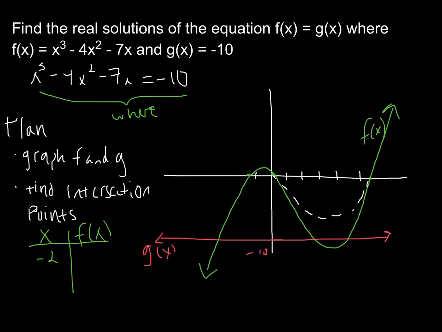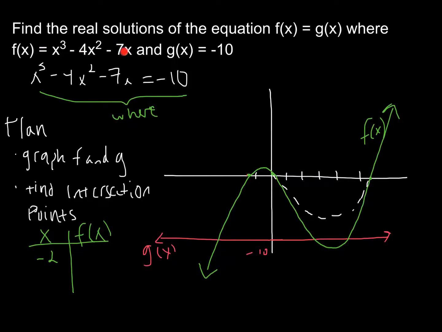Now it so turns out that when you plug in -2 into f of x, you're going to have -2 cubed, which is of course -8. So I have -8 here, and then I have 4 times -2 squared, which is 4 times 4, which is 16. So I have -8 minus 16, which is -24.